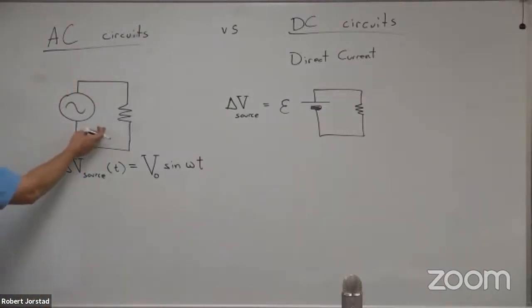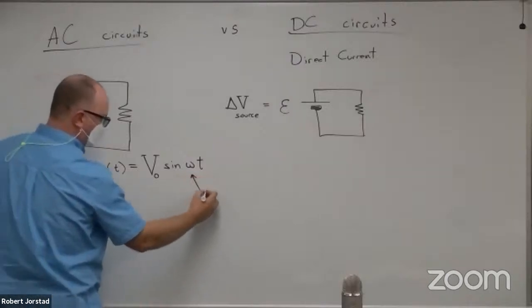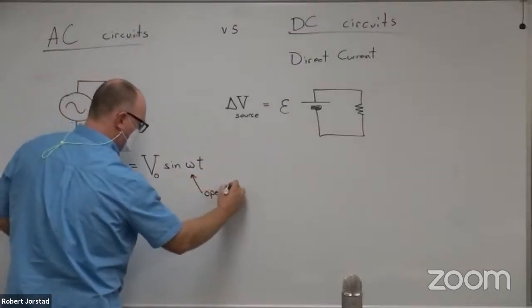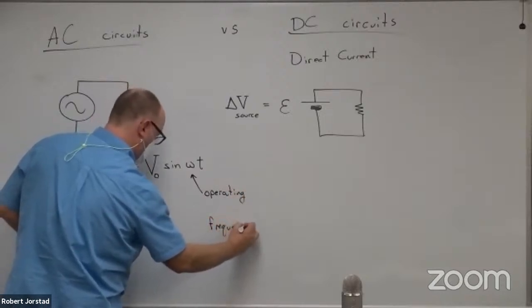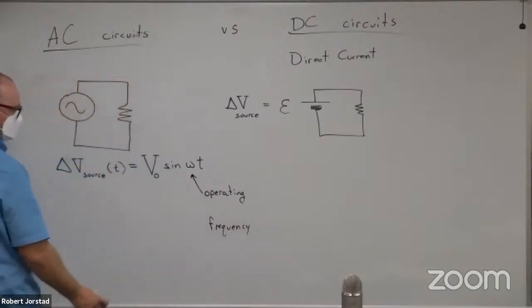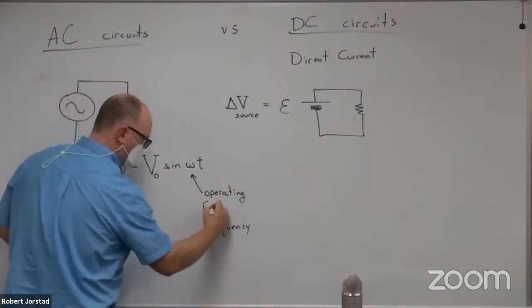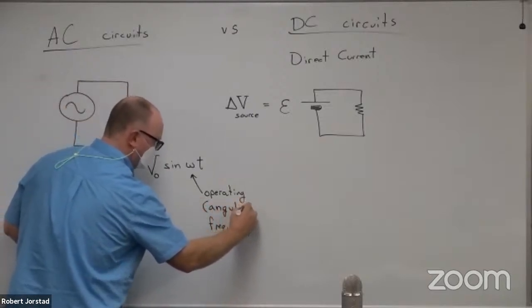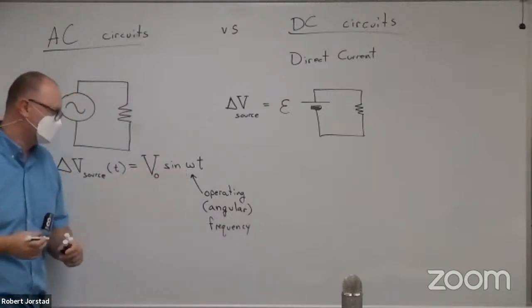Do you see an LC in this circuit? I don't. So should we have an omega naught associated with an LC resonance? No. This is going to be called the operating frequency. It's an omega. What is it really called? Operating angular frequency. So we're just going to call this the frequency, but you know it's angular.